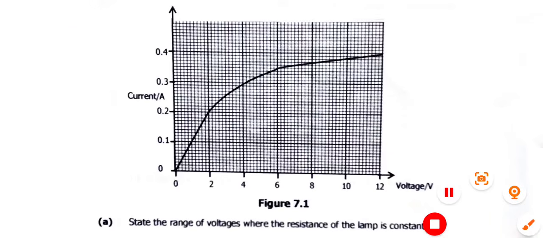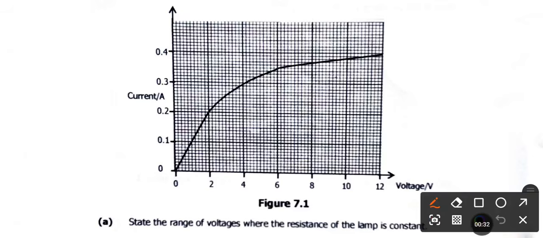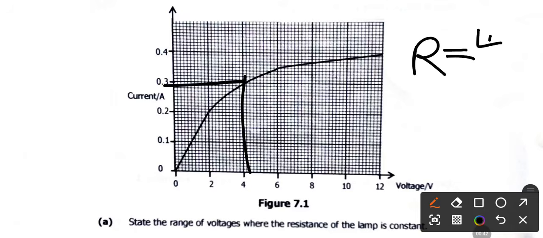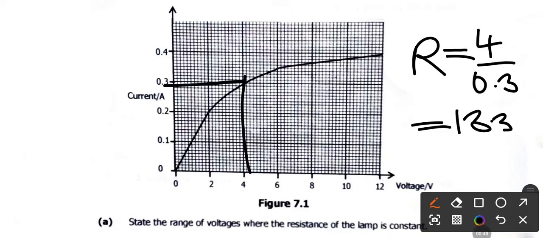So where the voltage is 4, the value of the current is 0.3. So we'll substitute here. We'll say 4 over 0.3. This will give me a value of approximately 13.3 ohms.